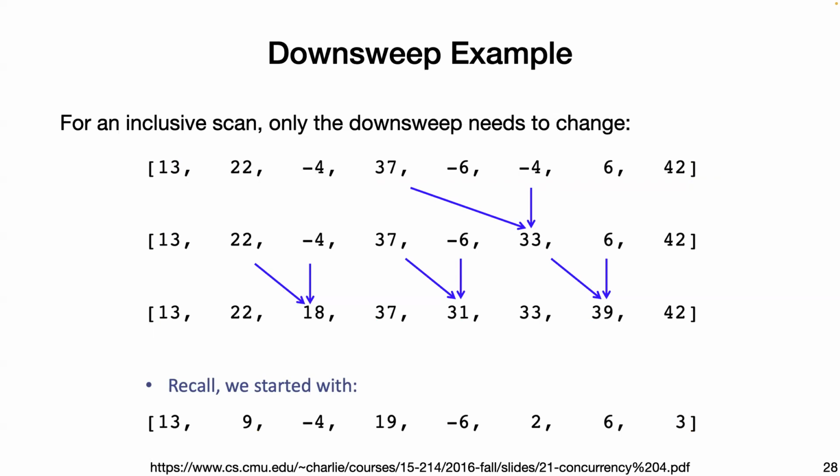But this one, you have to slightly change the offset of the tree. Here, you don't put the identity in the end, for example. You keep the answer because you already computed the full reduction, and then you just shift the tree over a little bit. But you still do the same algorithm. And then again, with a similar downsweep in the same complexity, you can get the full inclusive scan.